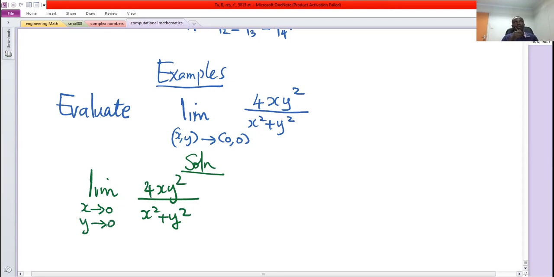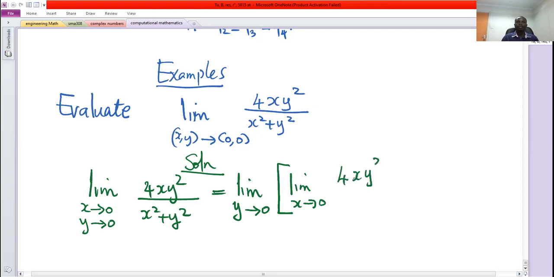Now, step 1, we start by calculating the limit as x approaches 0 and see the value that we have. So the first step, we start by calculating the limit as x approaches 0 of this function here.